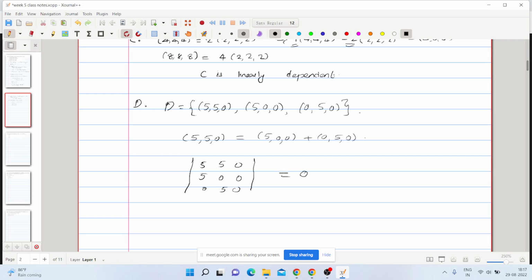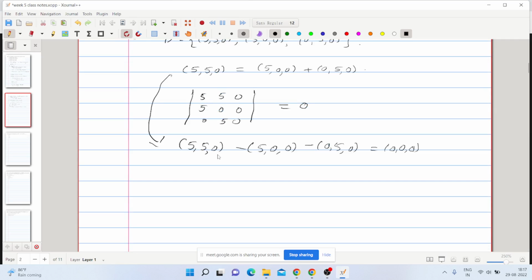Or from this we can write (5, 5, 0) minus (5, 0, 0) minus (0, 5, 0) equals the 0 element, right? That means we have written the 3 elements as a linear combination whose sum is (0, 0, 0) and whose coefficients are non-zero. Here it is 1, here it is minus 1, here it is minus 1. So is D linearly independent? No, it is a linearly dependent set. Is this clear?